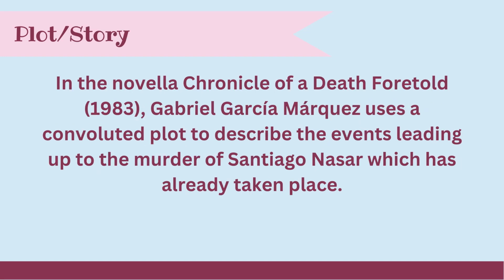In the novella Chronicle of a Death Foretold, 1983, Gabriel Garcia Marquez uses a convoluted plot to describe the events leading up to the murder of Santiago Nazar, which has already taken place.